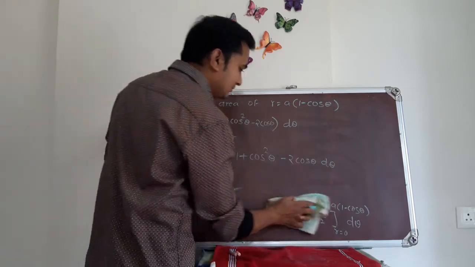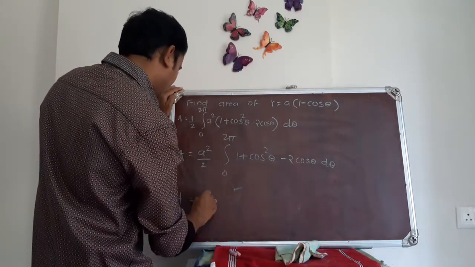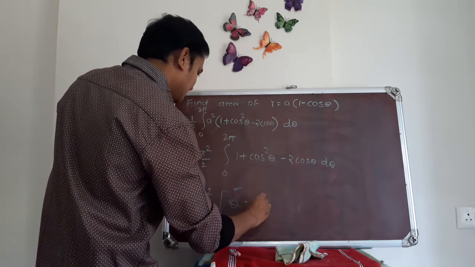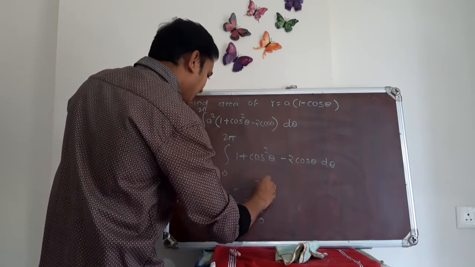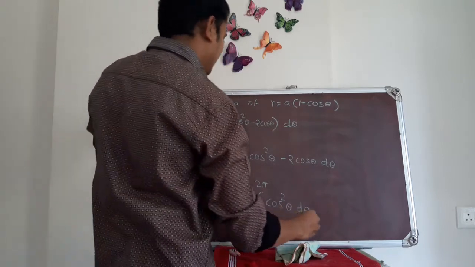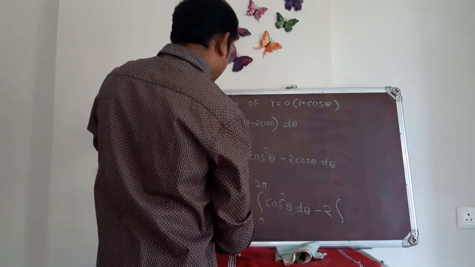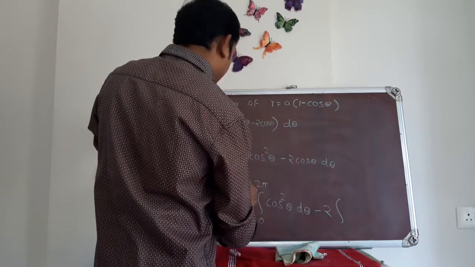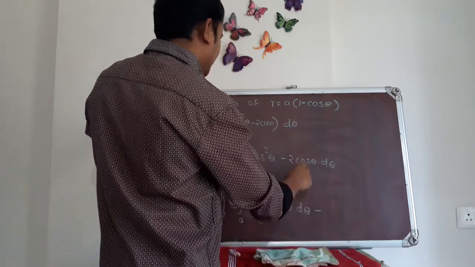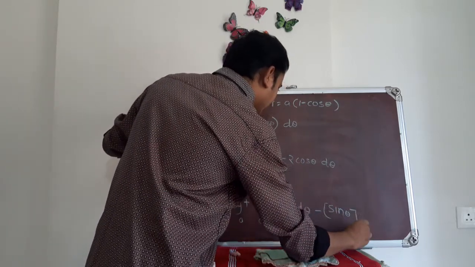So this becomes A is equal to a square by 2 into the bracket, this is theta, plus integral 0 to 2 pi cos square theta d theta minus 2 integral, and the integration of cos theta is sin theta, limits 0 to 2 pi.